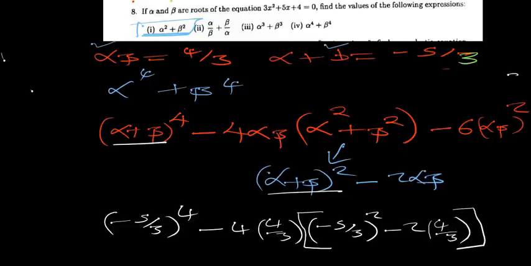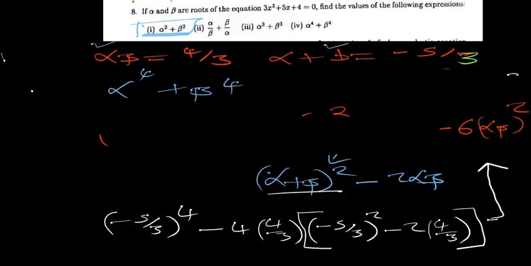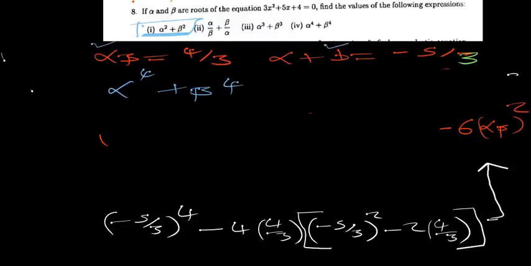Okay, and then minus the last part, 6 alpha beta, which is like 4 over 3. Now it is squared. So just simplify this and see what it gives you.